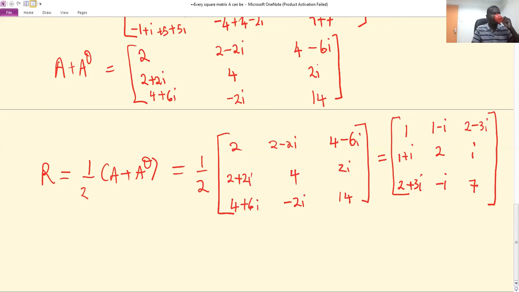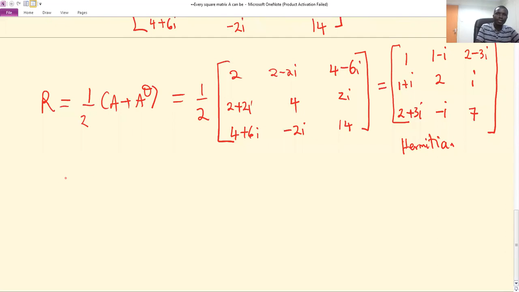So that would be our R matrix. And this is actually Hermitian, because all the elements along the main diagonal are real numbers, and conjugate elements are conjugates of each other.